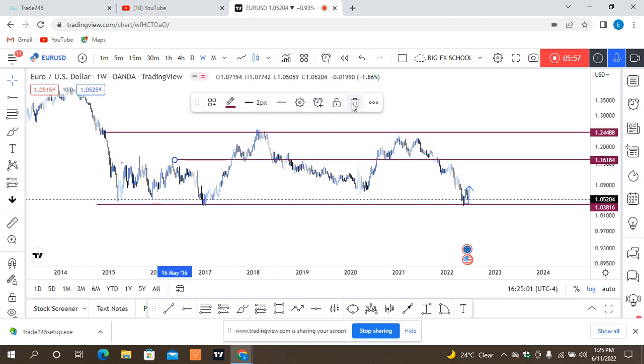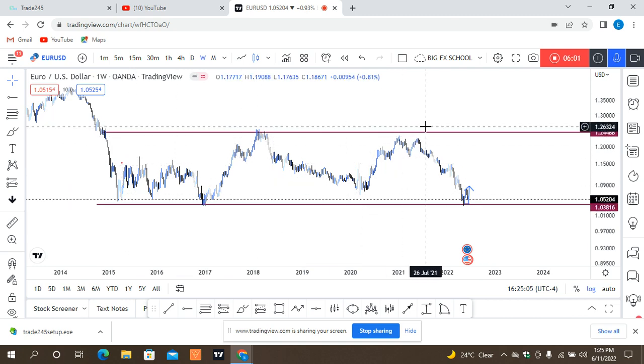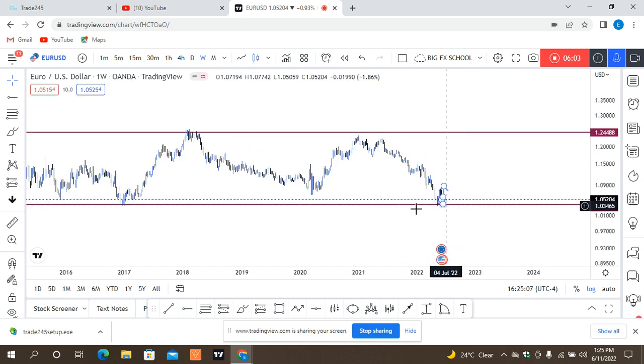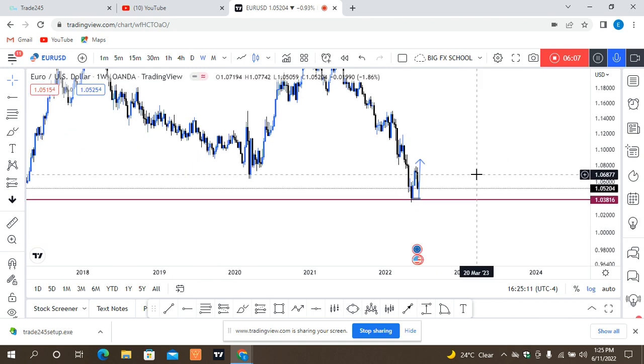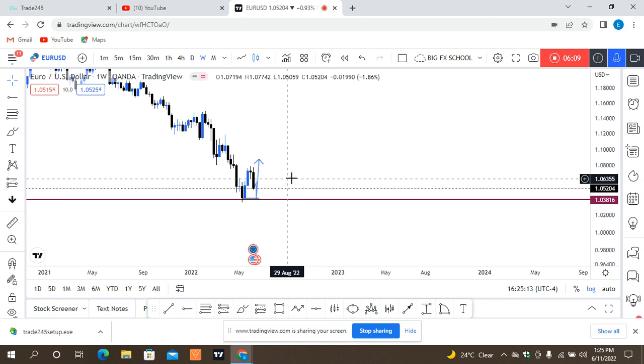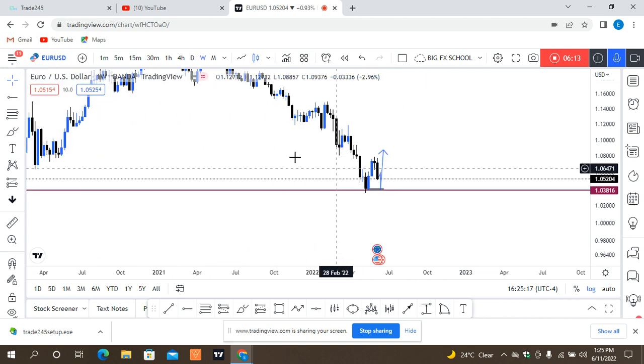It started from this zone, touched here, here, and here. Then it is at the strong support here. So we can see the price action already indicating that we may reverse to the upside.